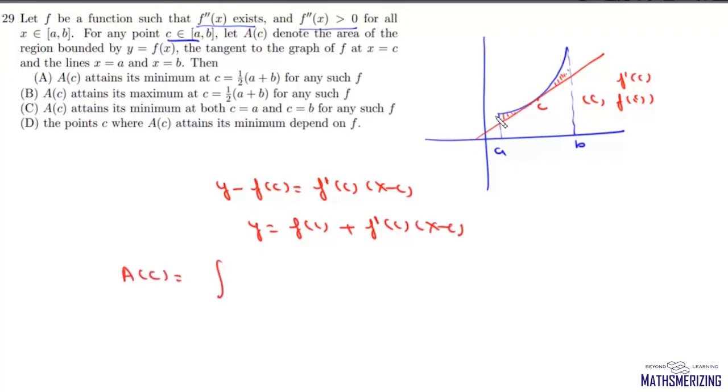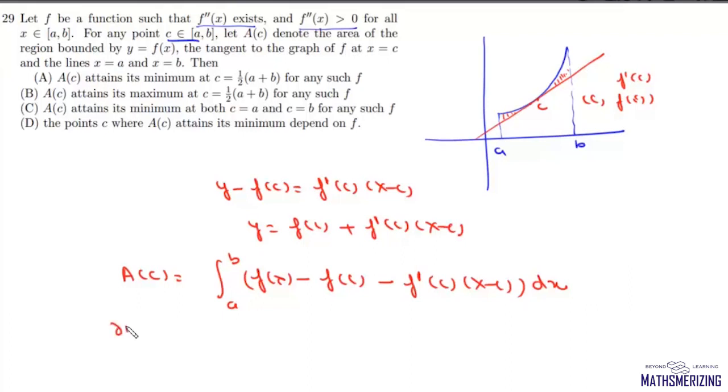It will be the integral from a to b of upper curve minus lower curve. The upper curve is y equals fx, minus the lower curve, which is fc plus f dash c into x minus c, dx. Now this integral on the right is a function of c.